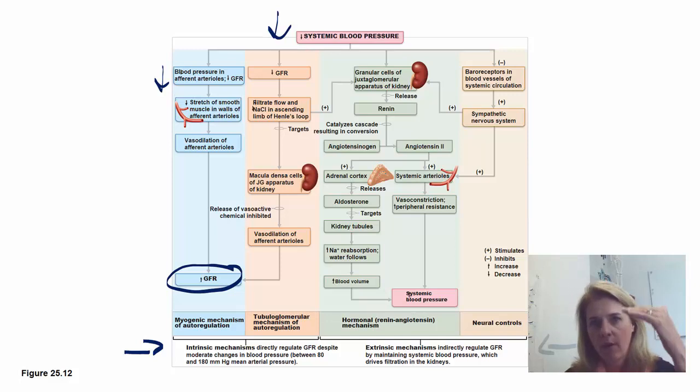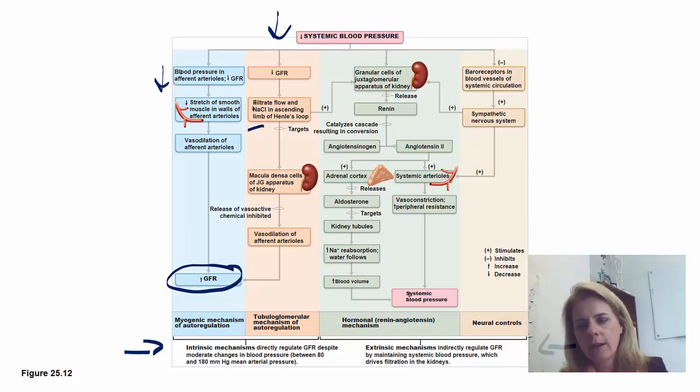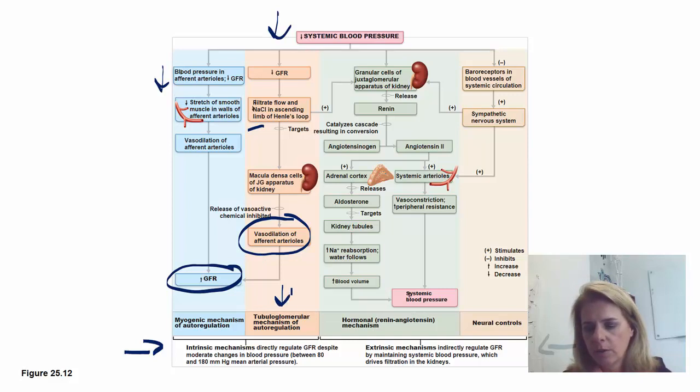If filtration rate is low, what's going to happen? You're going to have changing sodium chloride levels in that distal convoluted tubule. Those macula densa cells are going to pick up the falling sodium chloride levels. They're going to cause vasodilation of the afferent arterioles and allow more GFR, more filtration. That's the tubuloglomerular feedback mechanism. So that's just happening at the level of the kidney.